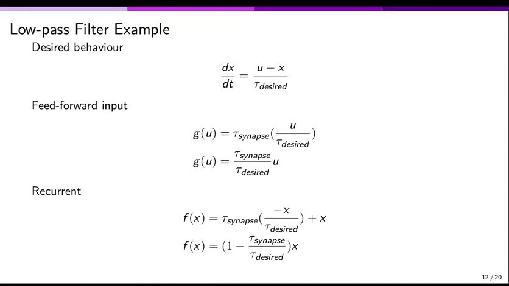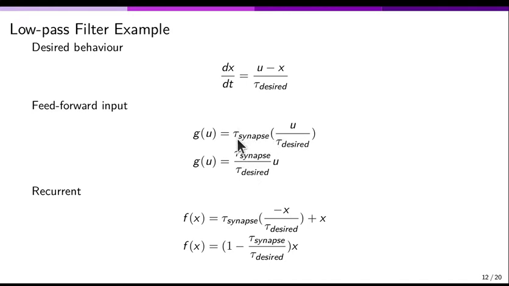What does that mean? Well, part of this differential equation is about my input. U is my input, and it's being scaled by tau desired. There was a bunch of weird math, but the heuristic that all I need to remember is take the part that's about my input and multiply it by the tau of whatever my synapse model is.